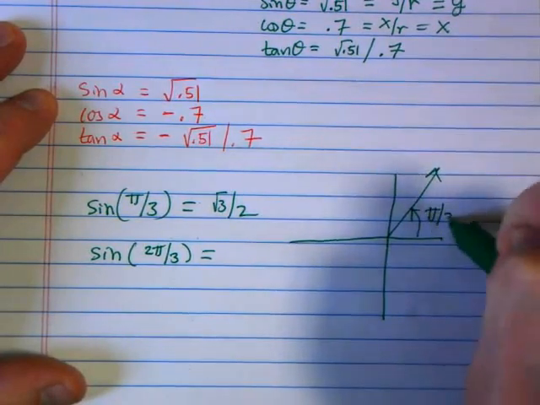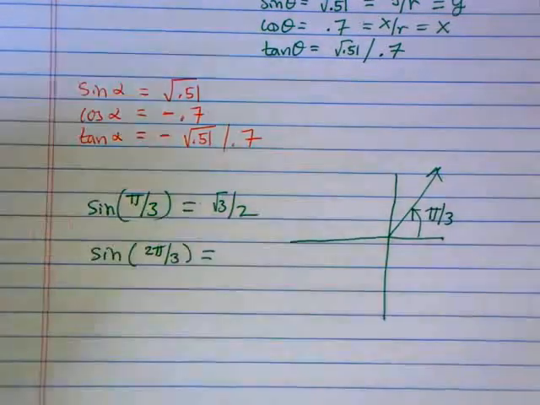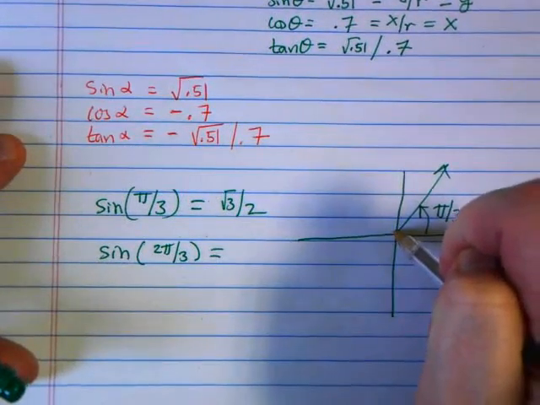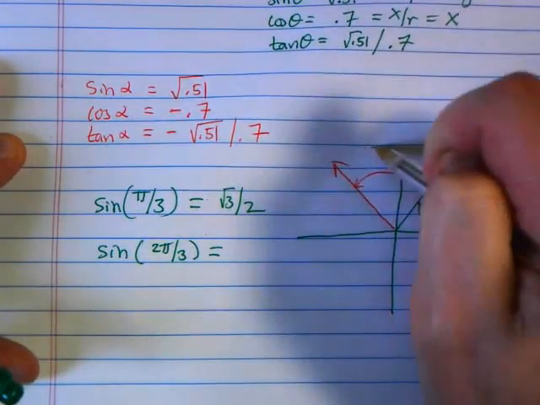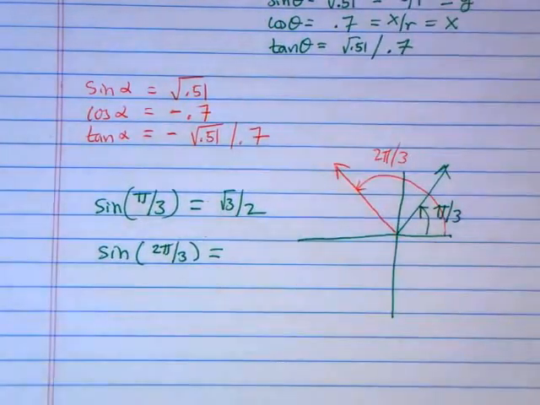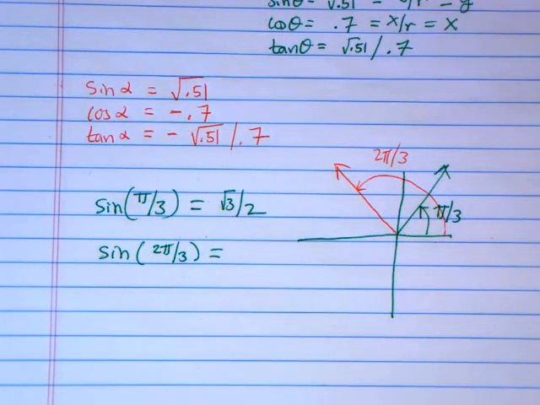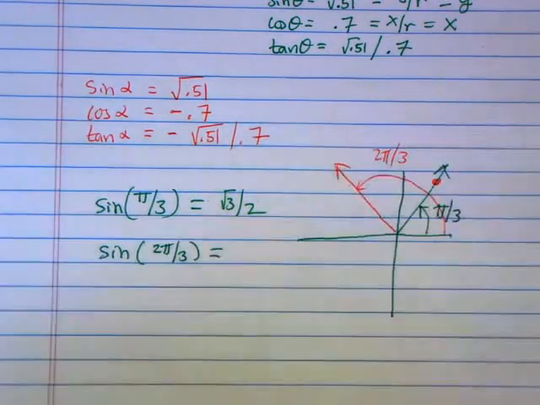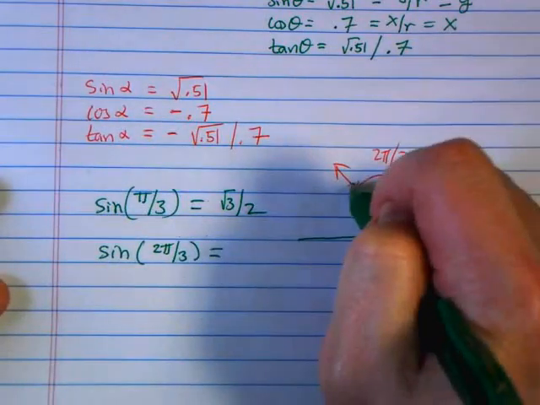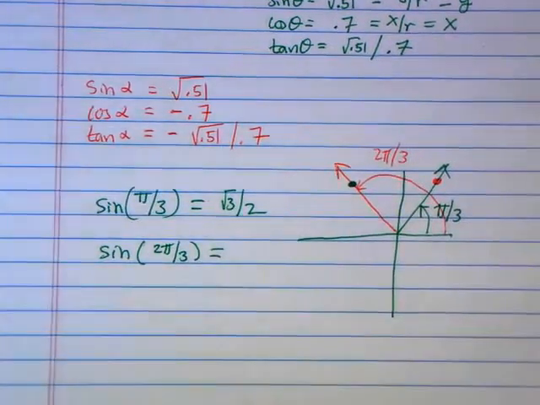Pi over 3 looks like this. 2 pi over 3 looks like that. What can you tell me? How are pi over 3 and 2 pi over 3 related to each other? If I were to pick a point right here and I reflected it over, it would look like so.